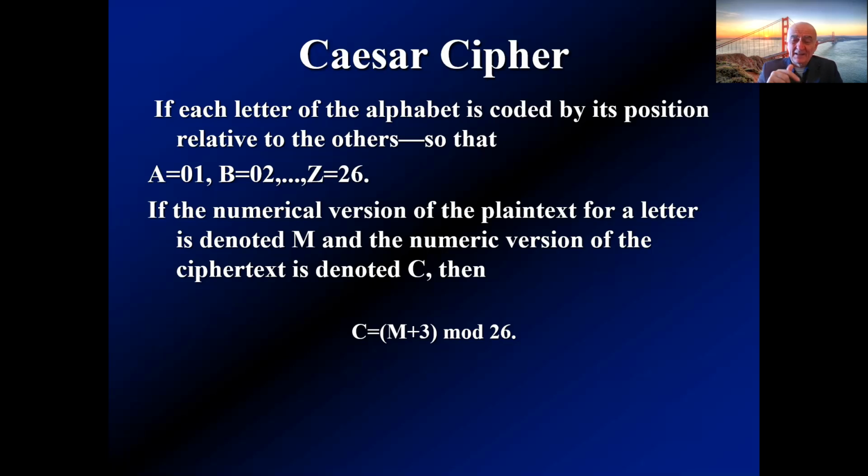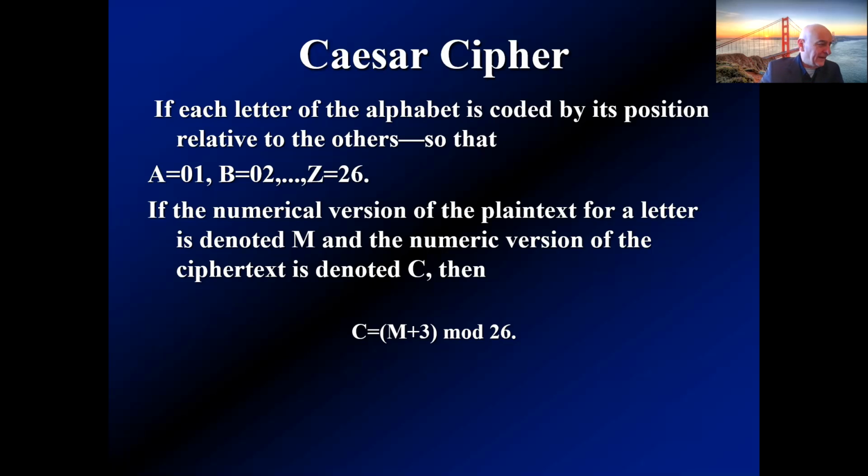To get the cipher letter C, we add 1 plus 3 and find the remainder when we divide by 26, and it's 4. And 4 means that the letter A should be replaced by the letter D.